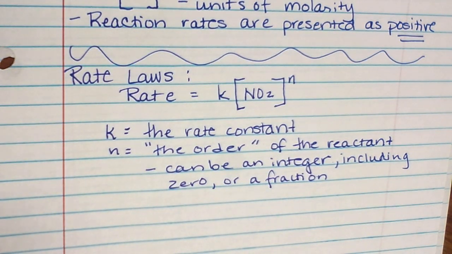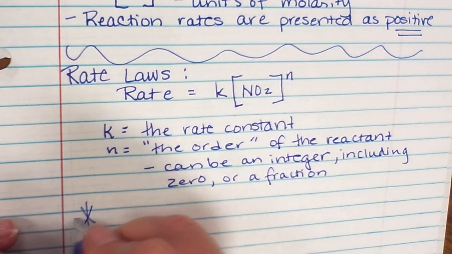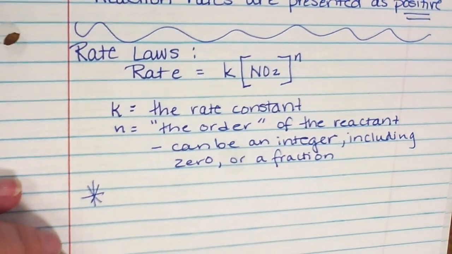Now, you won't really see fractions because we don't have time. There's no time on the test to mess around with fractions. So you're just plain not going to see them. But it's important to note that it could be 0.67, like it could be 2/3, but it won't be. A huge note.